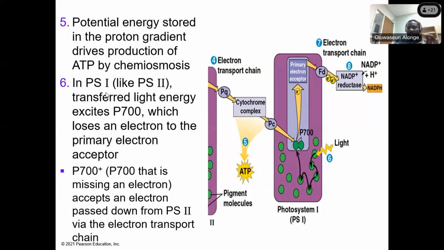So in PS1, the transferred light energy excites P700 as well. Then it's going to lose an electron, which goes excited to the primary electron acceptor, which will later transfer it to NADP plus. Now, the excited P700 is missing an electron, so it becomes P700 plus. It's going to accept the electron that was passed down from PS2 that comes this way, and that will make it stable.